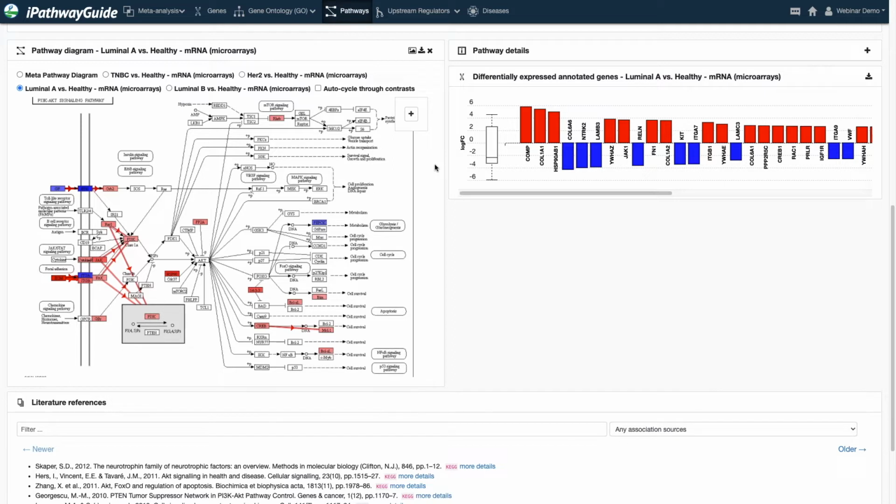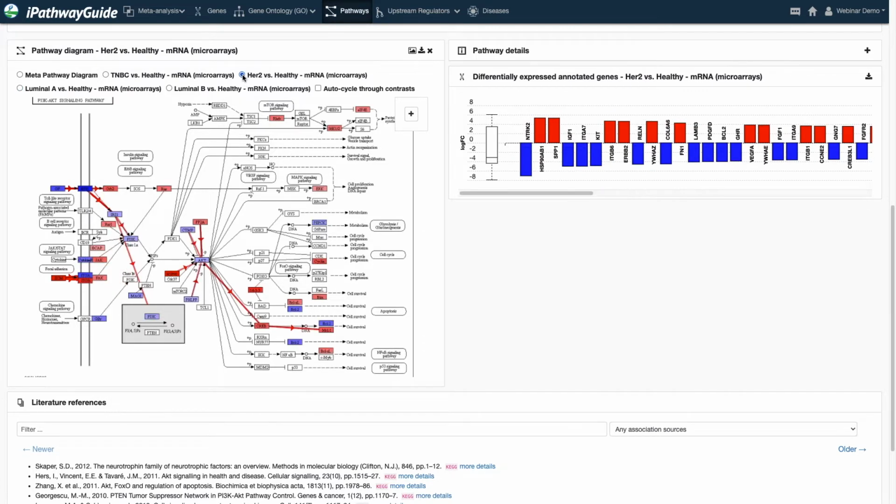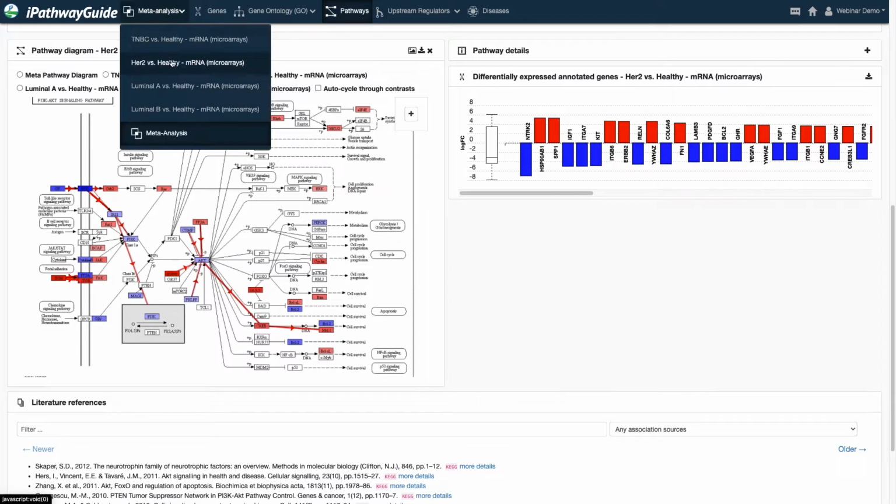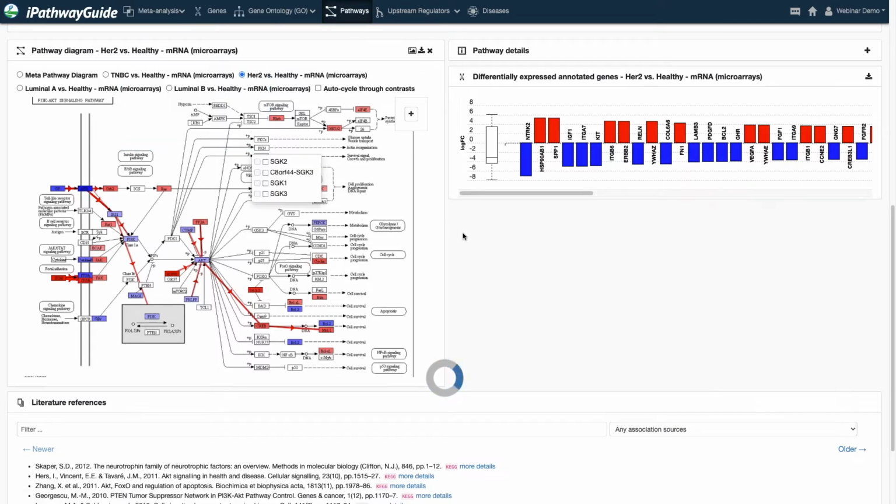And when we find something that we're really interested in, we can go and dig into it a little deeper in the contrast itself. So let's look at this PI3K signaling pathway in the HER2 contrast.